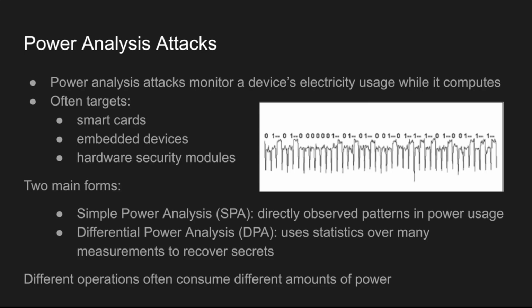There are simpler forms like observing general patterns and more advanced methods that use statistical analysis over many runs to extract secrets. By studying these power patterns over time, attackers can sometimes recover encryption keys without ever directly accessing the data. Often targets of this are smart cards, embedded devices, and hardware security modules.